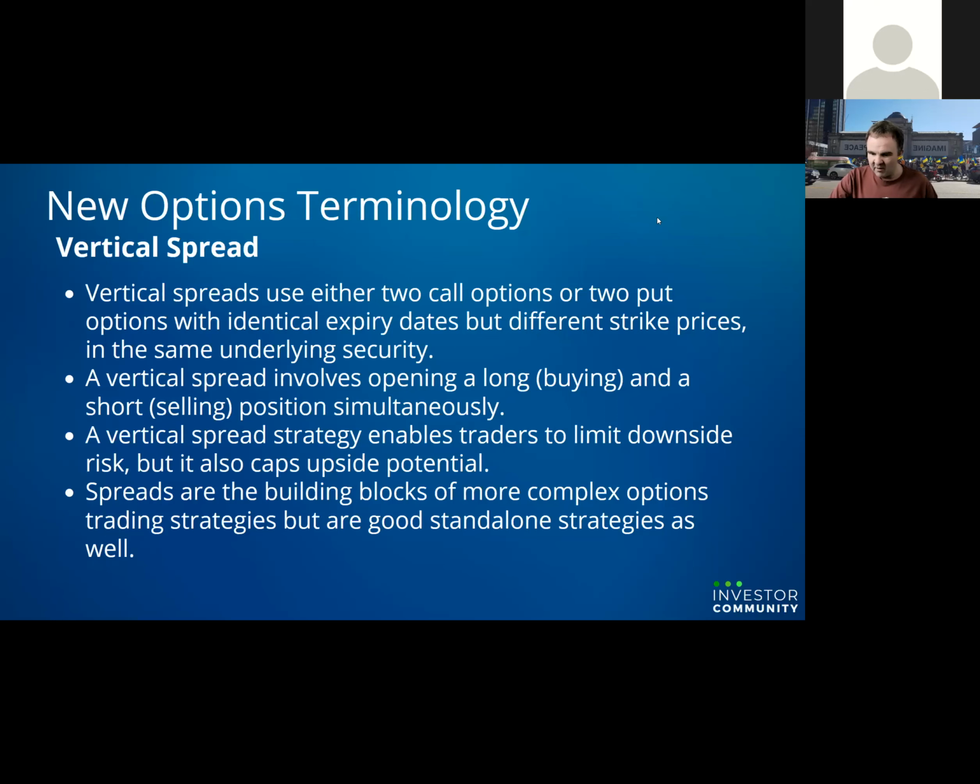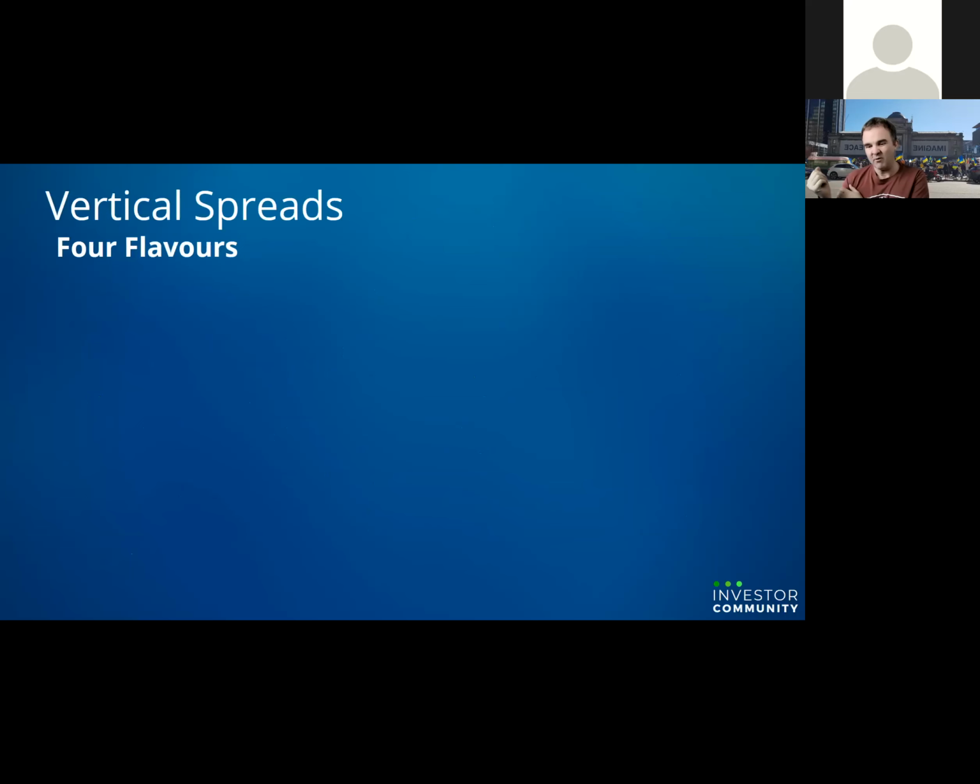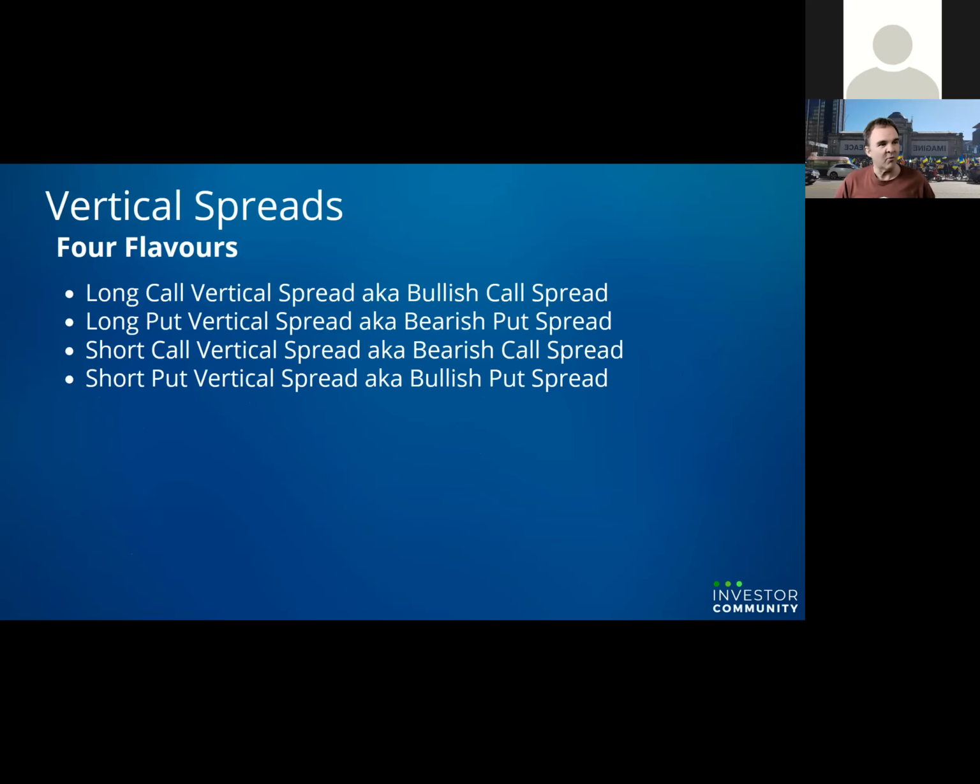So there are four different kinds of vertical spreads. We're going to look at each of these individually, but here they are. We have the long call vertical spread, and most traders call that a bullish call spread. We have a long put vertical spread, and that's usually known as a bearish put spread, because normally when you buy puts, you're bearish, right?